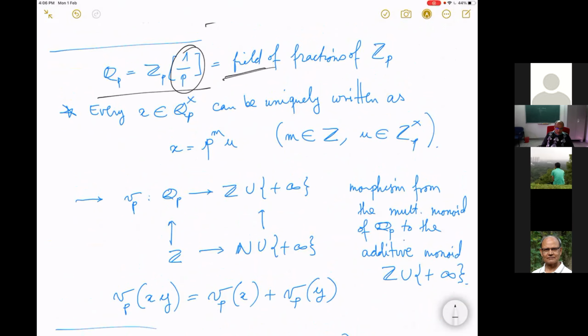Anyway, what you can easily see is that every non-zero element in QP can be uniquely written as a power of P times a unit. These are the units and this is the power of P. But now you have to allow the power, of course, to be an integer, positive or negative.